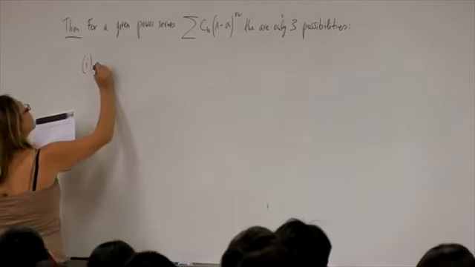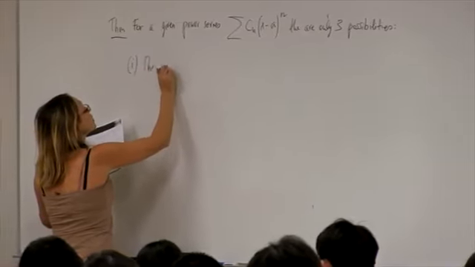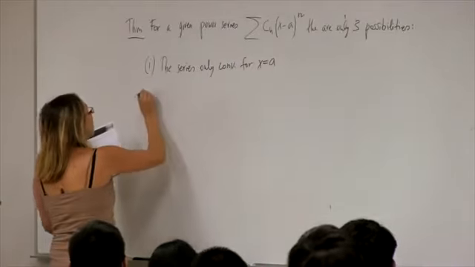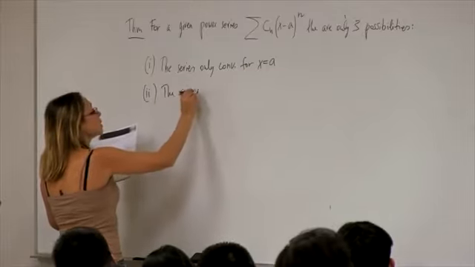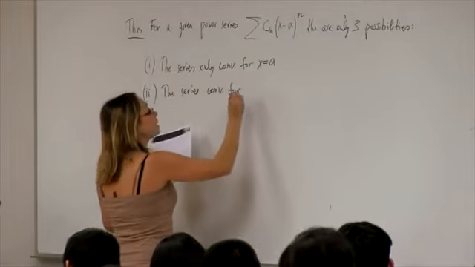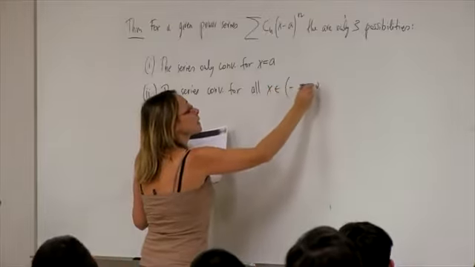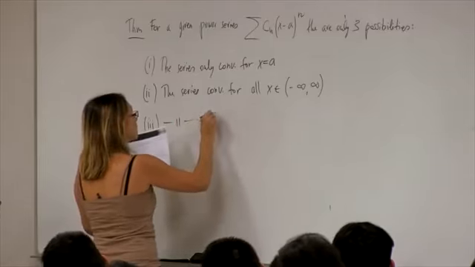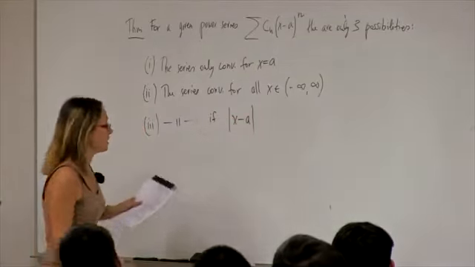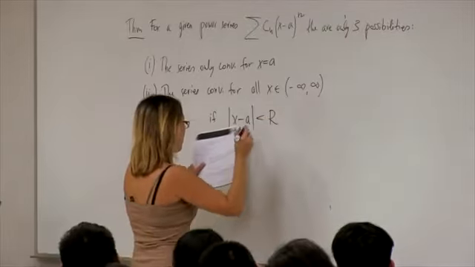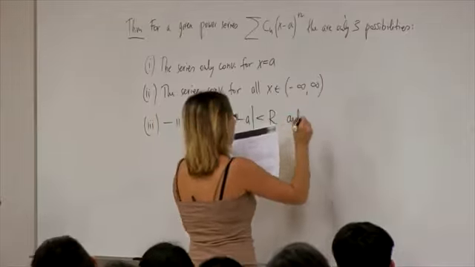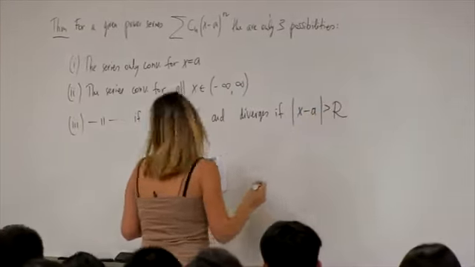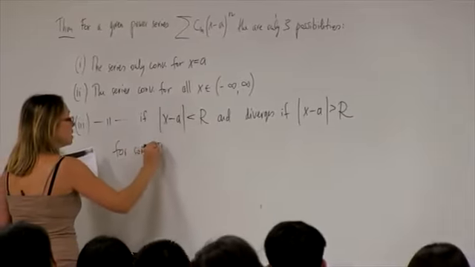Either the series only converges for x given by a, the center, or the series converges for all x, or number 3, the series converges if the distance between x and a is less than r, and diverges if the distance between x and the center is greater than r, for some positive number r.